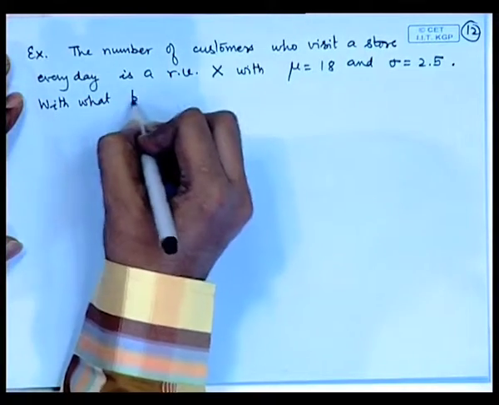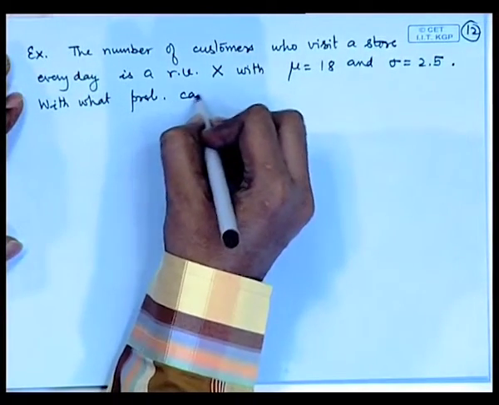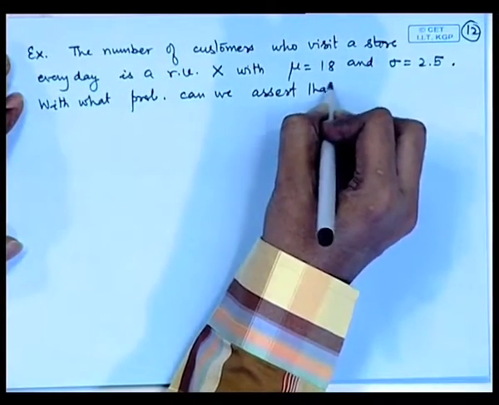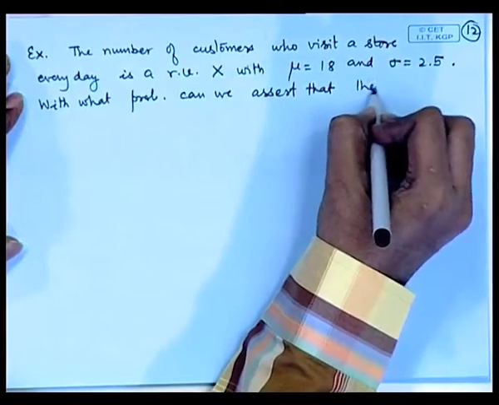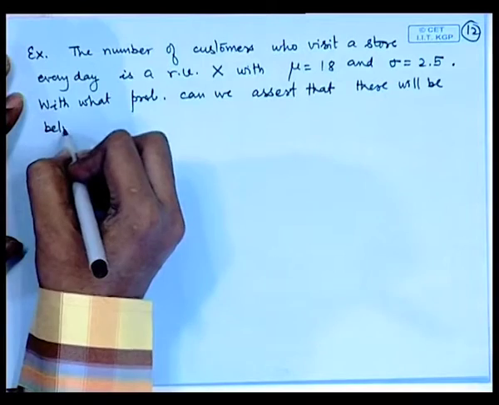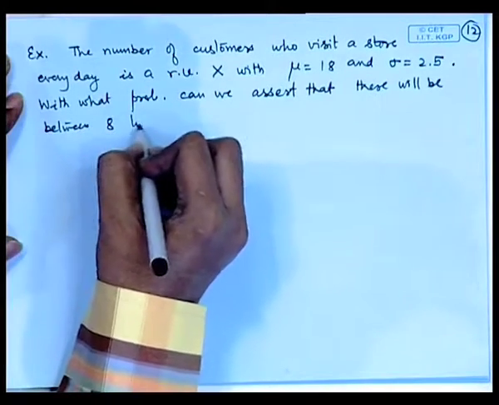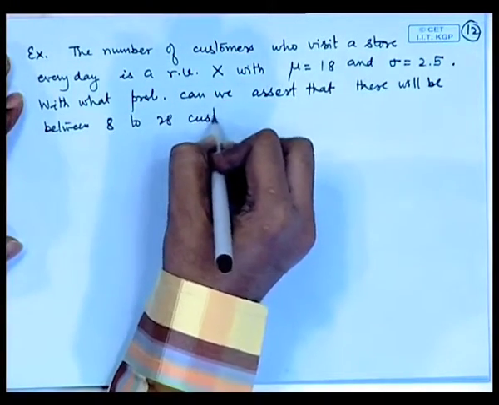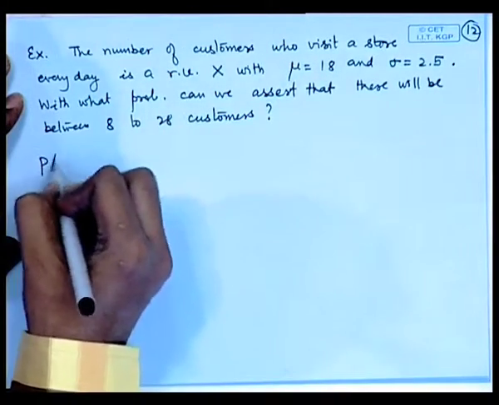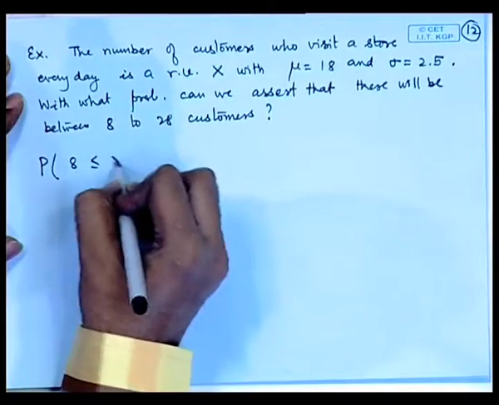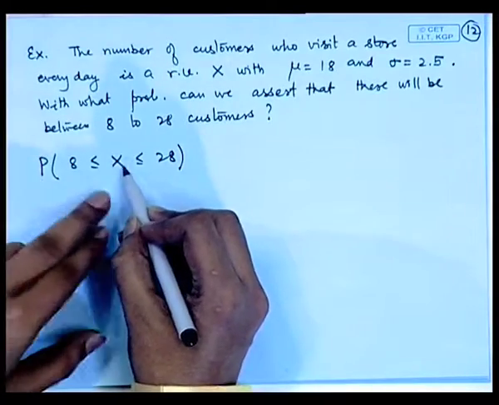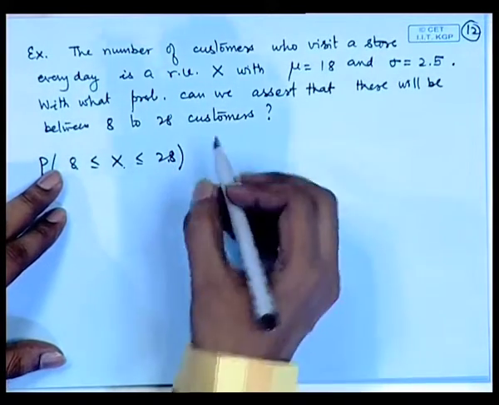With what probability can we assert that there will be between 8 to 28 customers? That means, we are interested in an estimate of the probability that the number of customers is between 8 to 28.